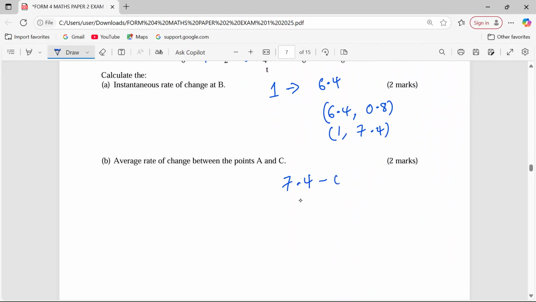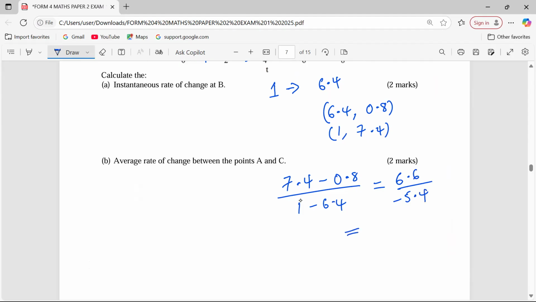7.4 minus 0.8. This one is being divided by 1 minus 6.4. So this is going to be, when we take 7.4 minus 0.8, this is 6.6 out of 1.0 minus 6.4, giving us negative 5.4.